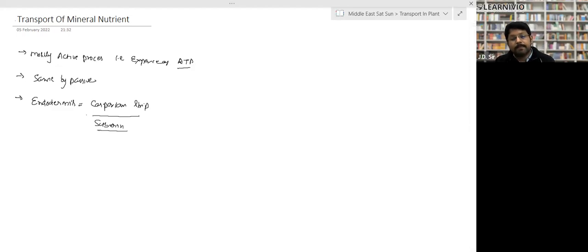So the only way possible is the active process, right? So please note it down. Root endodermis, because of layer of suberin, has ability to actively transport ions in one direction only.